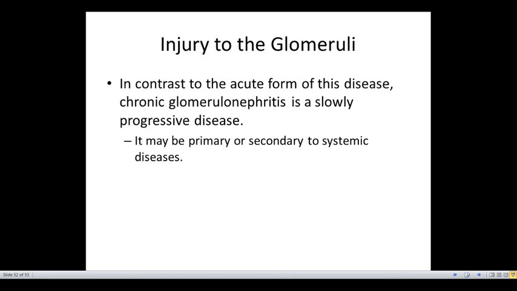In contrast to the acute form of this disease, chronic glomerulonephritis is a slowly progressive disease. It may be primary or secondary to systemic diseases.